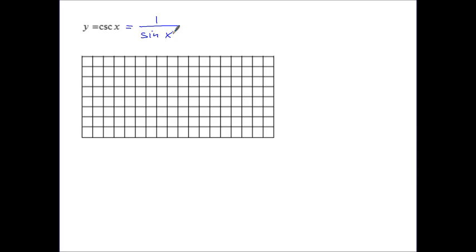And the best way to start graphing cosecant and secant functions is looking at their reciprocal functions, and in this case that's the sine function. Also, let's remember that the pattern for the sine function is O holo. And with that being said, we can now go ahead and sketch our sine function.